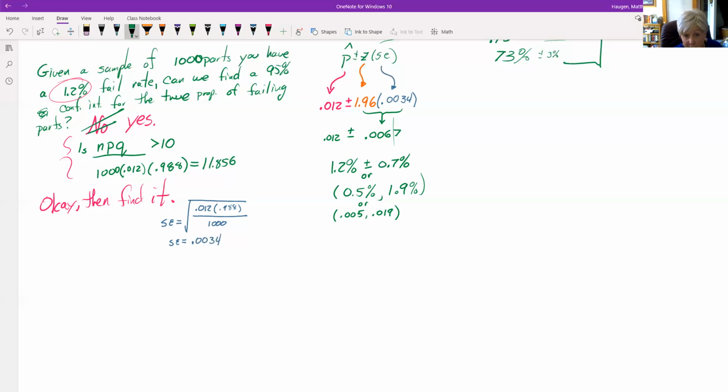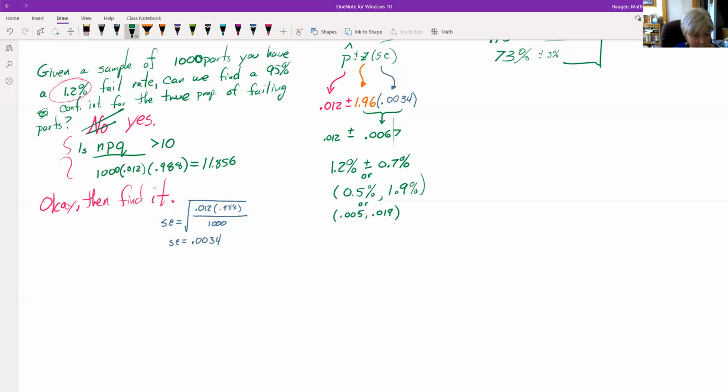So just out of curiosity, if you want to test that with the calculator, what is your X and your N? Is your N 1,000? Yep.